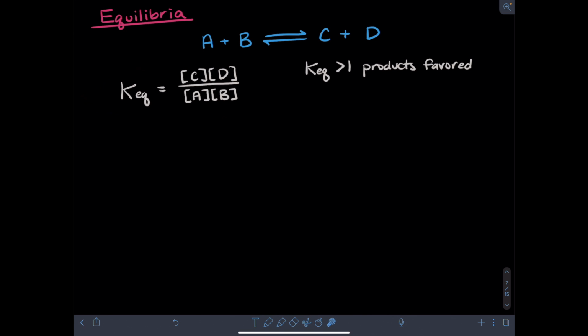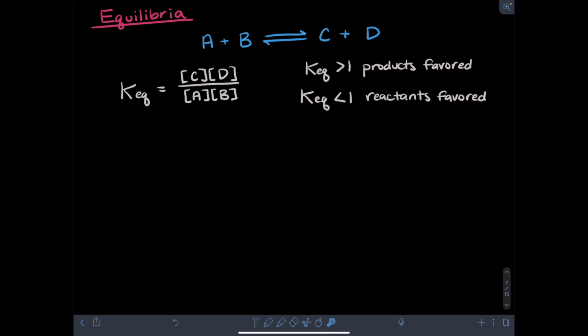If KEQ is greater than 1, that means that your numerator is larger than your denominator, meaning the concentrations of your products C and D is higher than your concentrations of reactants A and B. This indicates that the products are favored in this case.